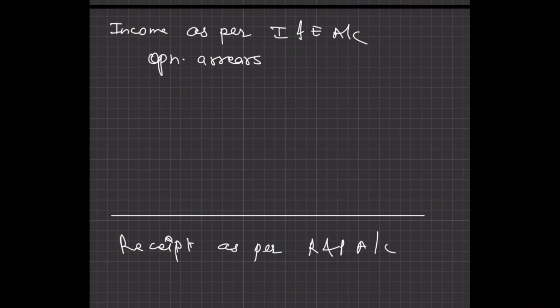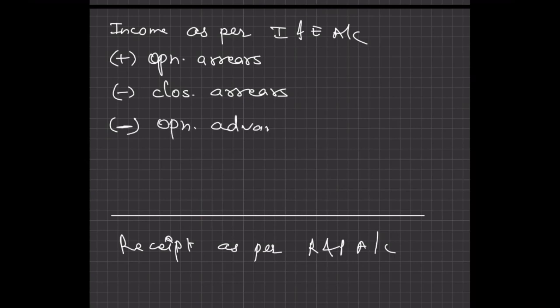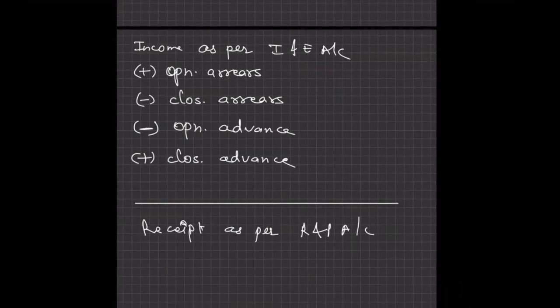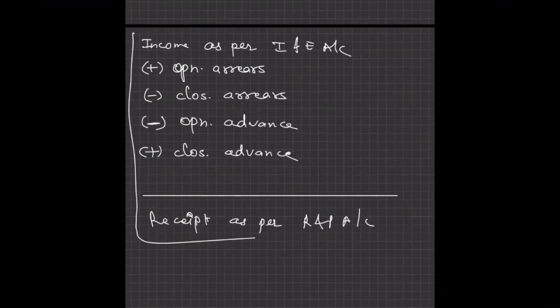Opening arrears won't be included in your current year income. So you can add the opening year arrears and you can subtract the closing arrears. If you have any advance which has been received in the earlier year, you can deduct the opening advance and you can add the closing advance because that advance you have received in the current year. So that is the adjustment you can do for the income side.